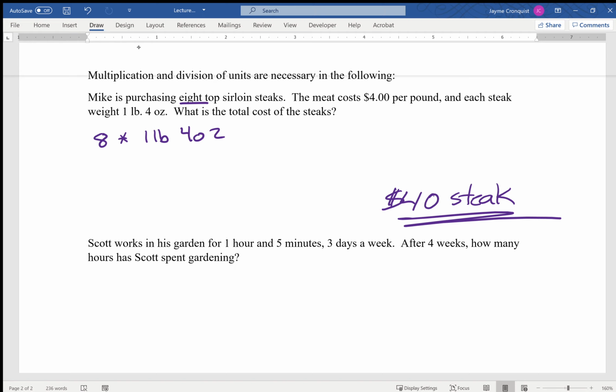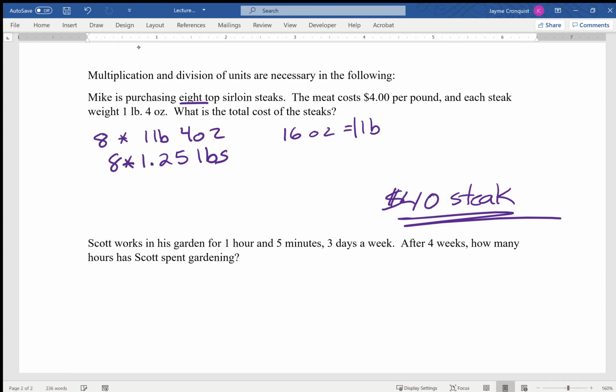We're converting this to pounds. So 4 ounces, if 16 ounces in 1 pound, then 4 ounces is a fourth of that. So this is going to be 1.25 pounds times 8.